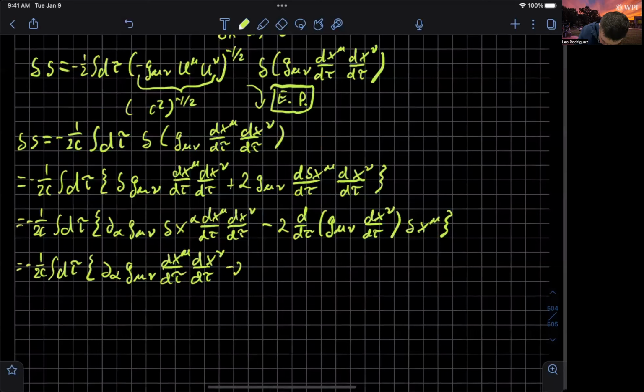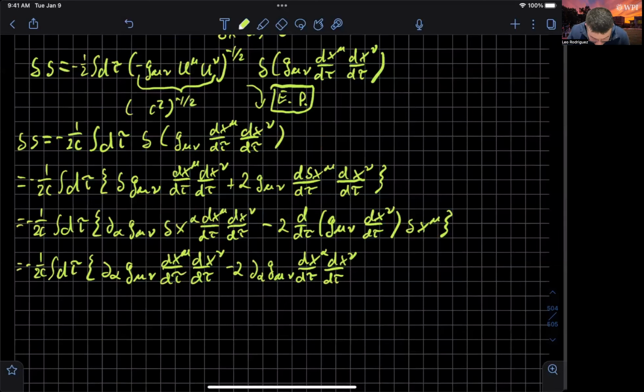I have a minus 2, and then what I'm going to do for the metric term is do another chain rule. So I'm going to have d alpha here, g mu nu, and then I'll have a dx alpha d tau here, dx mu d tau.